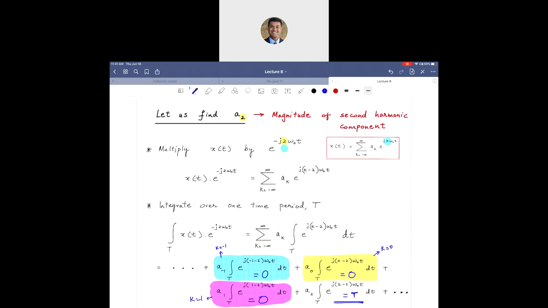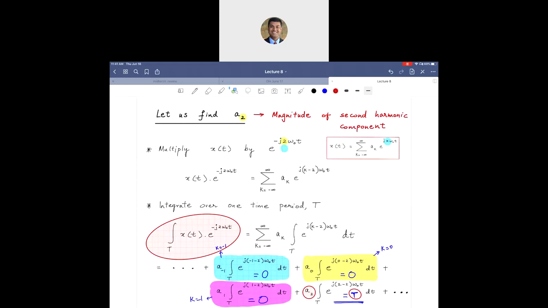So you see what happened here. Integration of x of t multiplied by e to the negative j 2 omega naught t equals a2 multiplied by T. Everything else is 0.